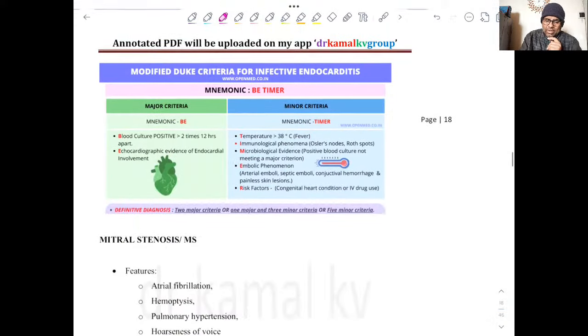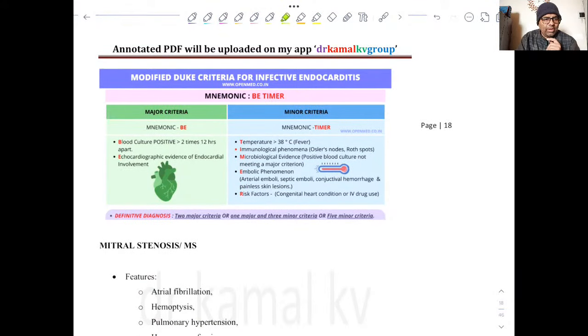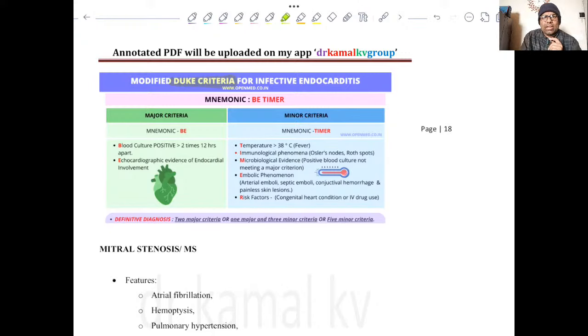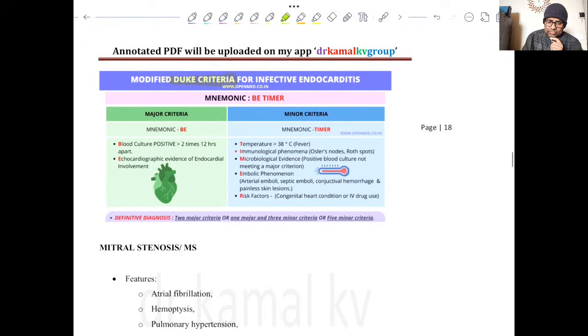Now again, a little bit of clinical stuff from infective endocarditis. There is one modified Duke's criteria. Now based on this we have question many times, and even in the last attempt also. So the mnemonic you can remember as B timer.